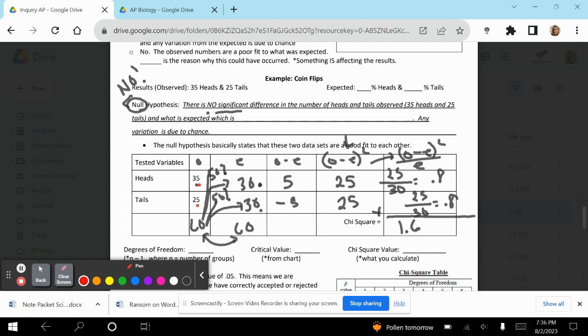So for my null hypothesis, I already have part of it typed out for you. There is no significant difference in the number of heads and tails observed. Again, that's 35 heads and 25 tails, and what is expected. And we can say, and what is expected, which is 50% of each. Or you could say, what is expected, which is 30 heads and 30 tails.